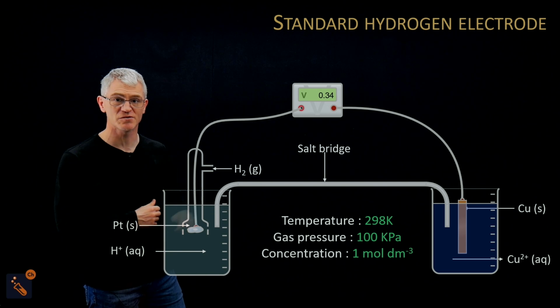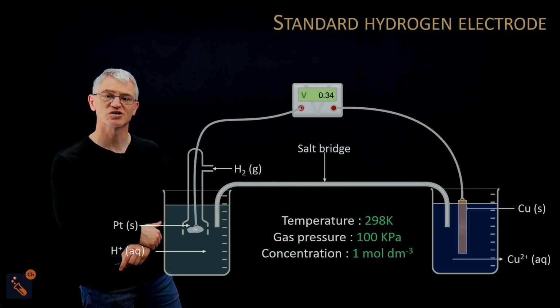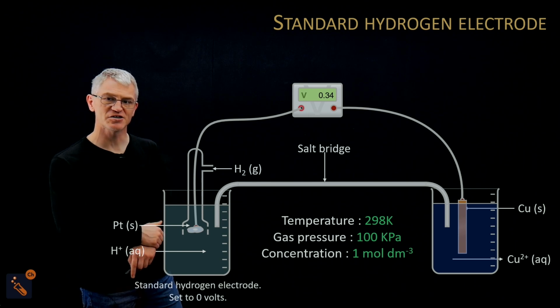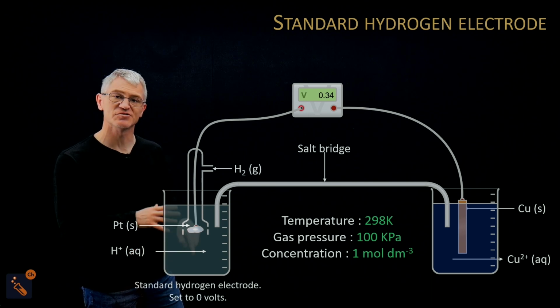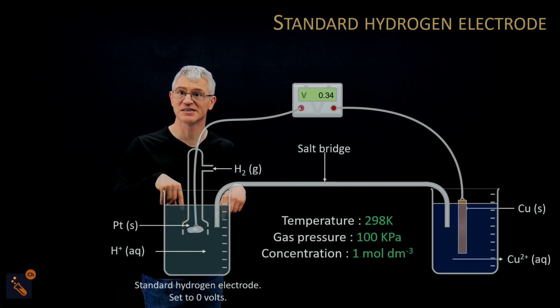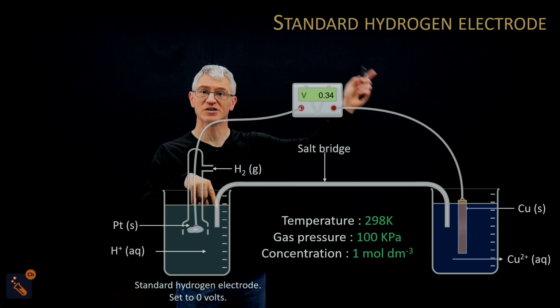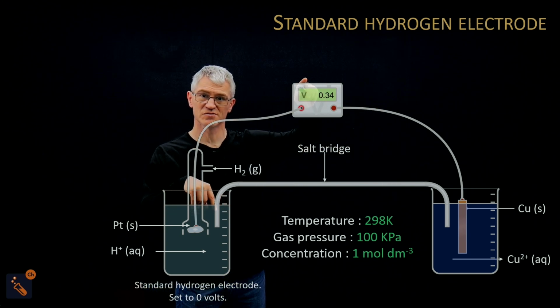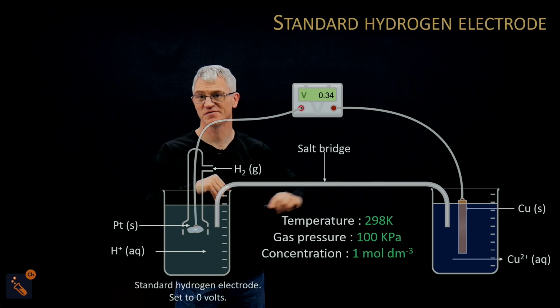Now the H plus has to be 1 mole per decimeter cubed. We'll talk about that a bit later. The standard hydrogen electrode is set to 0 volts. And that means if this is 0 volts, and we know the overall is 0.34, it must mean this one is 0.34 on its own.